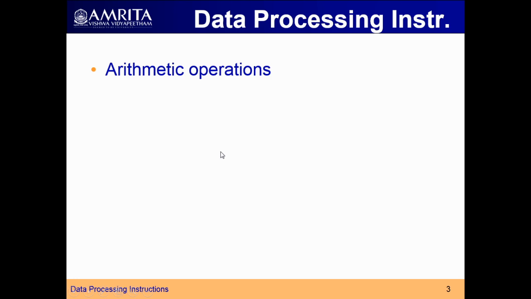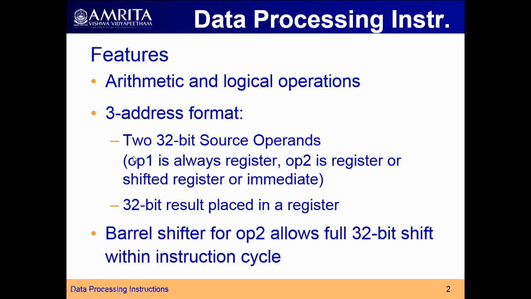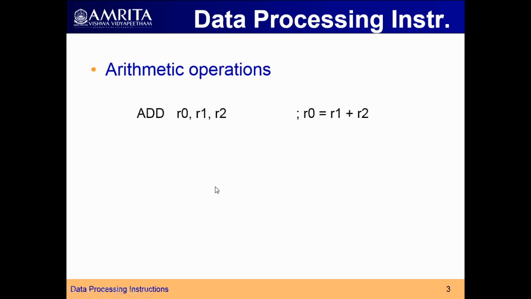That is what I told in the features. There are two source operands. The first operand will always be a register. The second operand can be a register, an immediate value, or a shifted register. That is what is shown here.